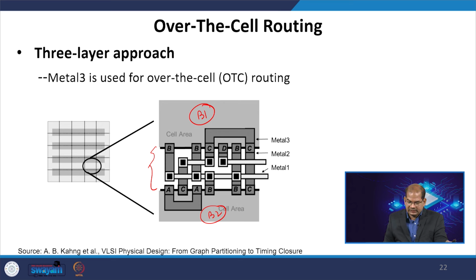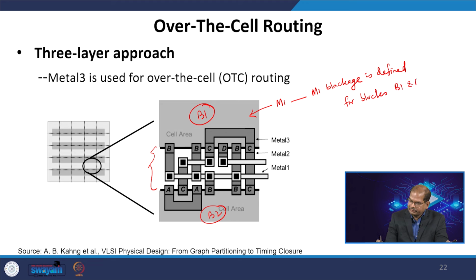And if you can see here, your metal 1 is routed inside this block. Okay. So, you have a metal 1 blockage defined for blocks B1 and B2.